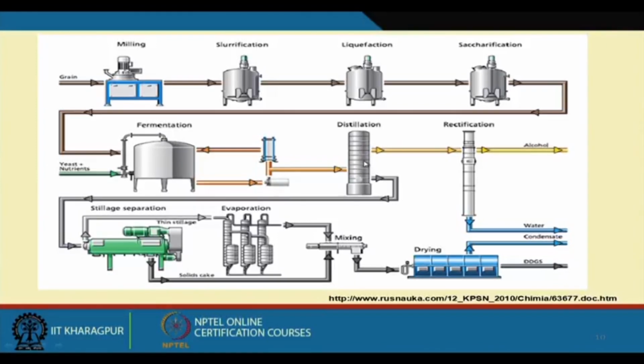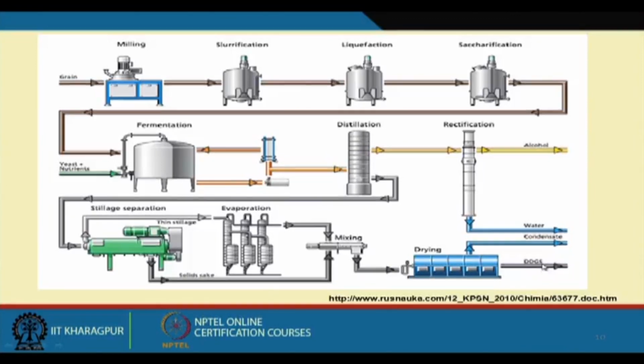After the fermentation, we distill this, pass it through the rectification column, we get the alcohol, we take the water out, and the stillage comes this way, for mixing and drying. This is DDGS, the distillers dried grain solids, which also has a use.